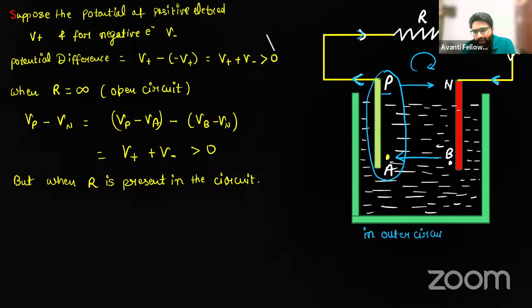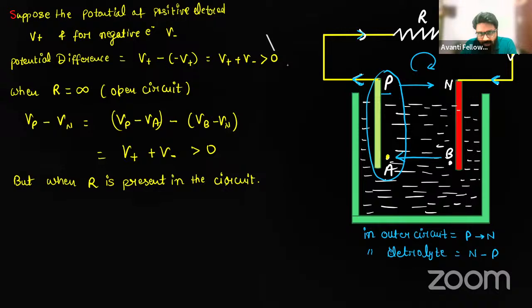Try to understand it. In outer circuit, direction of current is P to N. In inner circuit, or in the electrolytic solution, in the electrolyte, the direction of current is negative to positive. Okay, that is why this circuit is going to complete.